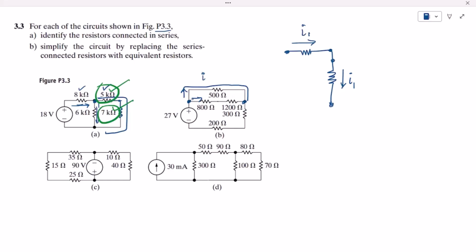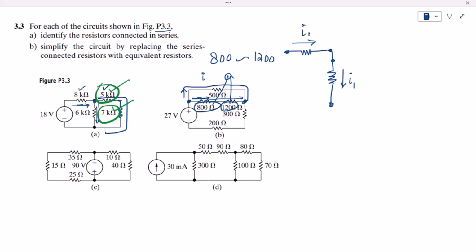This other current is flowing through this 800 ohm resistor, and it will follow the same route, and the same current will flow through this 1200 ohm resistor as well. So we can see that this 800 is in series with this 1200 ohm resistor. So these two resistors are in series with each other.